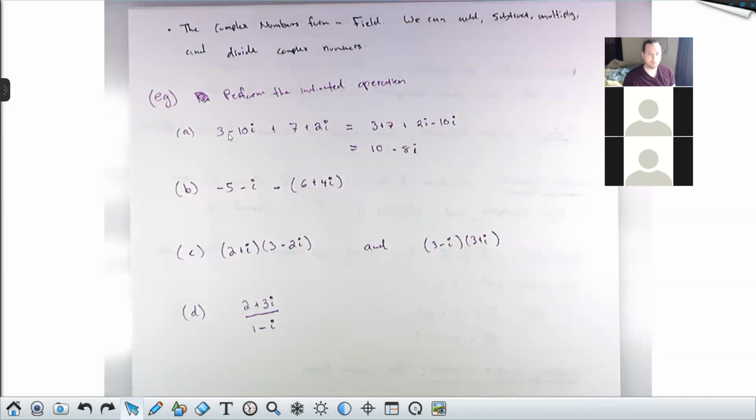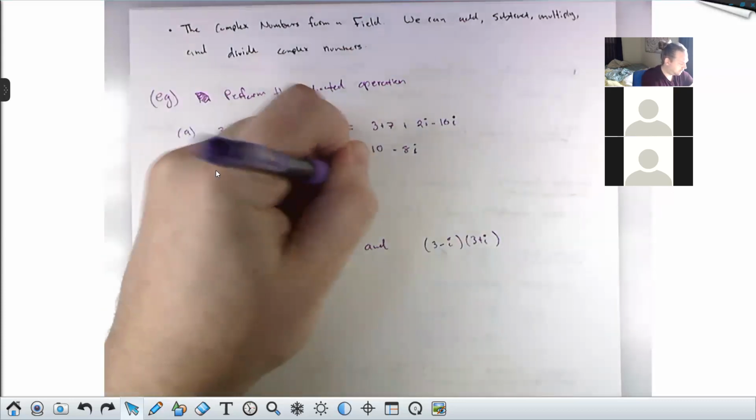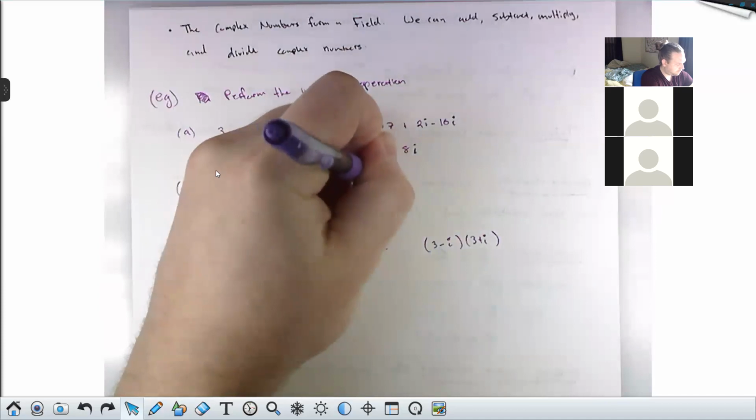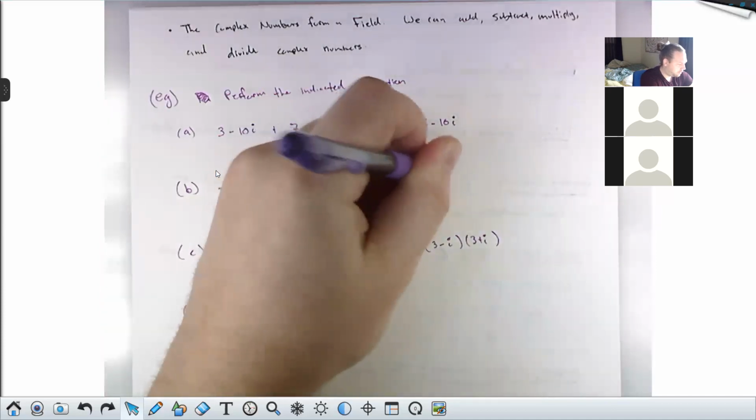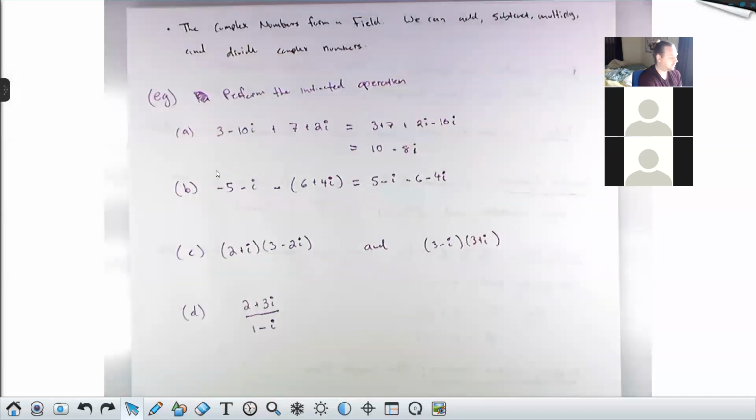Subtraction works similarly. You just have to remember to distribute. So when you take one complex number and you subtract another complex number, you need to subtract both the real and the imaginary parts. So again, it works just the same way it would if i was a variable. You treat it the exact same way you would treat a variable. So I would start by saying this is negative 5 minus i minus 6 minus 4i, right?